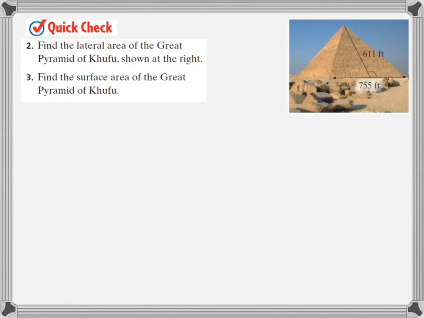Okay, let's do this. Find the lateral area of the Great Pyramid of Khufu shown at the right. So lateral area is 2BL. L stands for the slant height, which is 611 feet, and B stands for the base edge length, which is 755 feet.